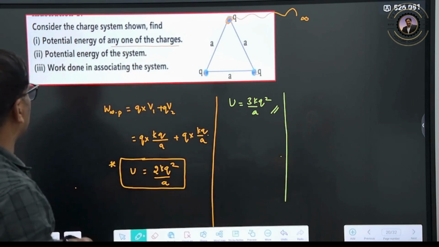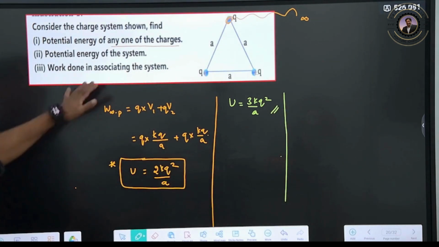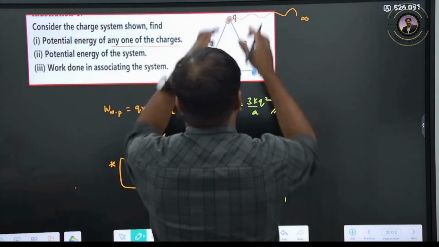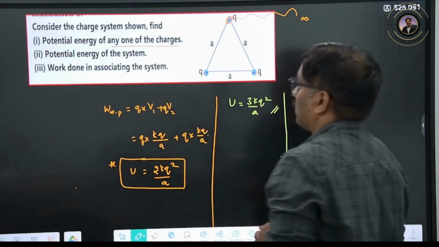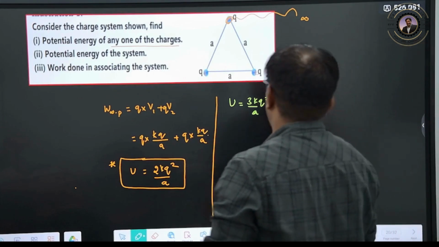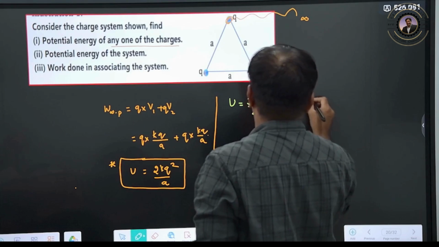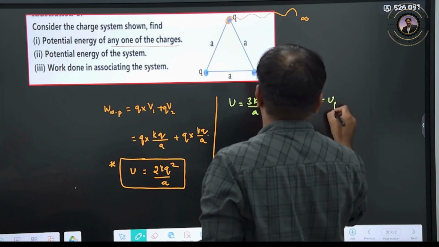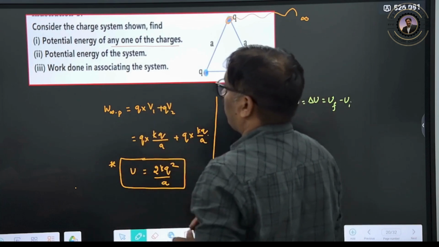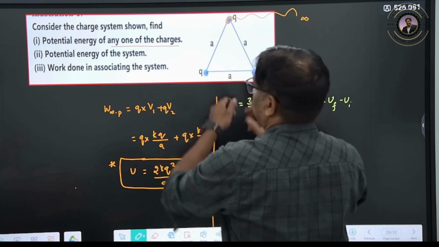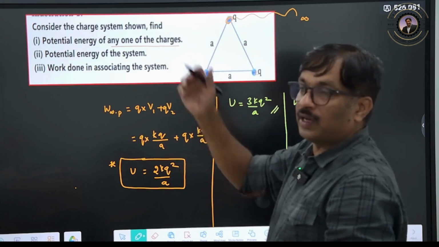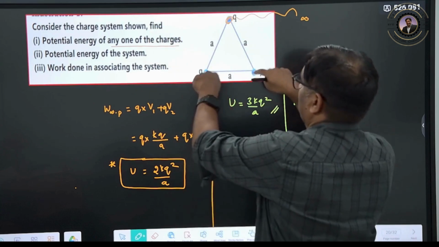Clear? So work done in assembling the system. If you want to calculate the work done in assembling this system, how much work is done? Work done is nothing but the change in potential energy, U final minus U initial. Initially we are bringing the charges from infinity, and finally it is like this.